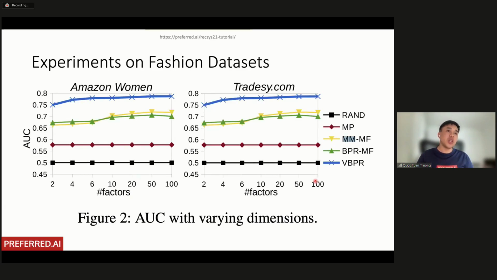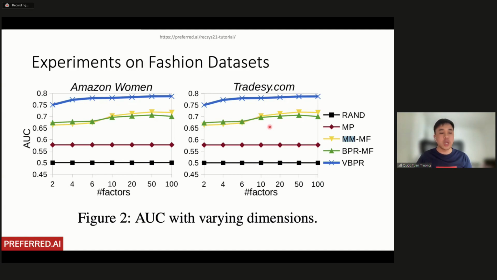So with that way of incorporating the image feature into the model, this VBPR model achieves better performance as compared to the building block of the BPR model. You can see that VBPR is in blue and the BPR model, the core building block here, is in green.